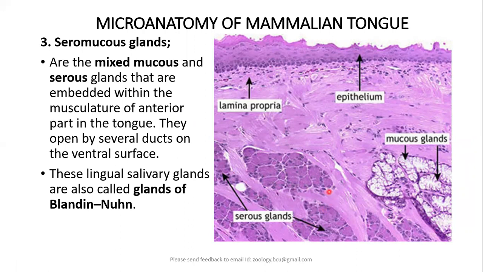They also open outside by means of several small ducts on the ventral surface of the tongue. And these seromucous glands or mixed glands are also called glands of Blandin-Nuhn.